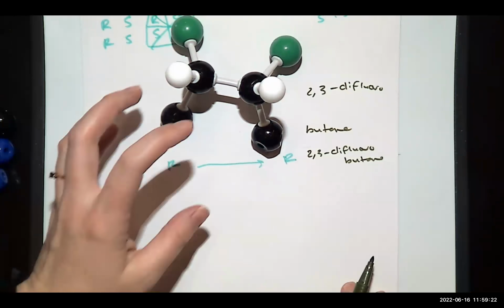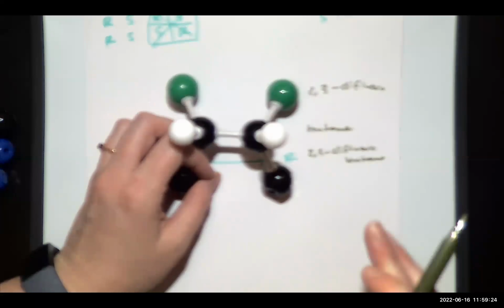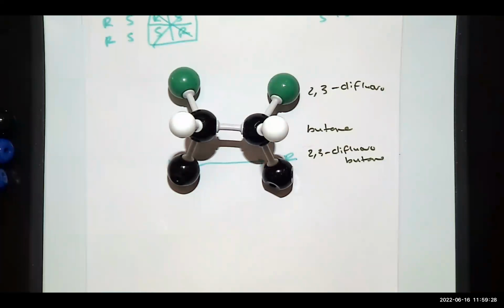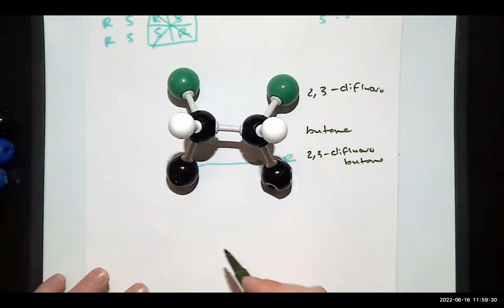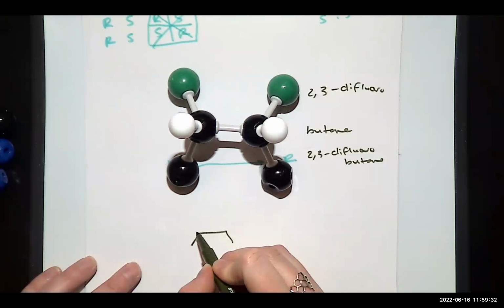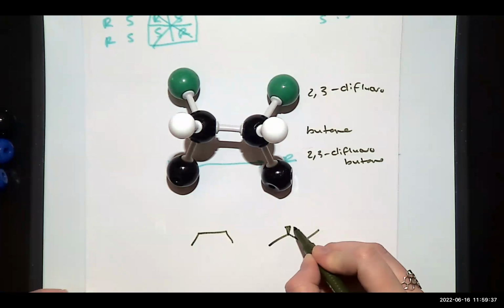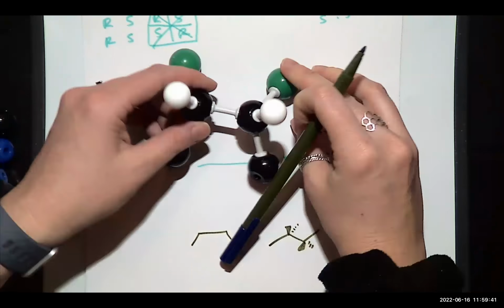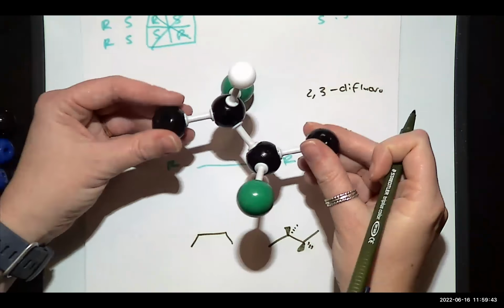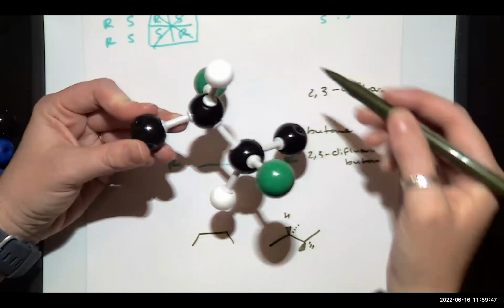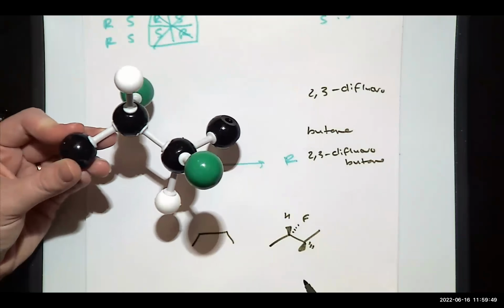But that's not the full name because these could be arranged this way or this way or this way or that way. So we're going to figure out the R and S configuration. If I were to draw this in the bond line notation, normally we go up and down, right? When we go up and down, there's a wedge and a dash, a wedge and a dash. So if this is up and down, the hydrogen would be pointing towards me and this fluorine would be pointing away from me.